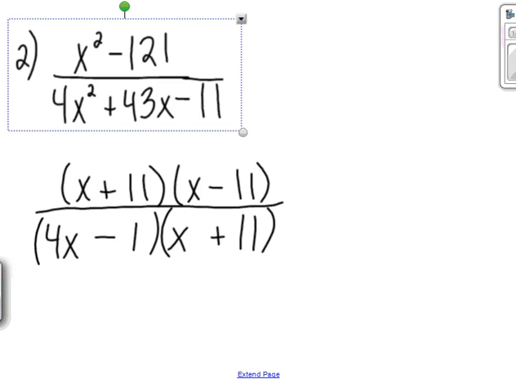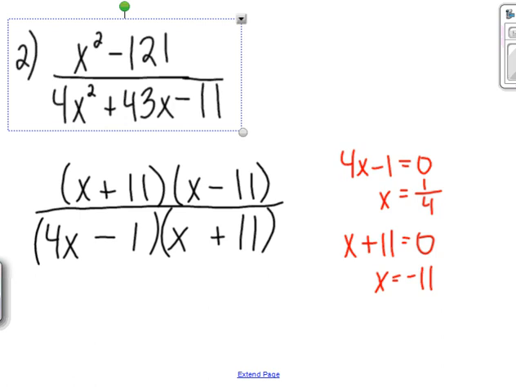Now I start working with my domain again. I'm going to set 4x minus 1 equal to 0 and x plus 11 equal to 0, and solve for x. For this one I get 1/4, and for this one I get negative 11. So I know my x cannot equal those values because that will give me a 0 in the denominator.